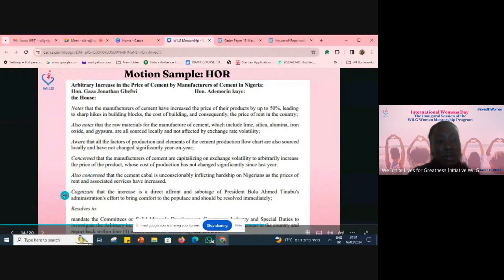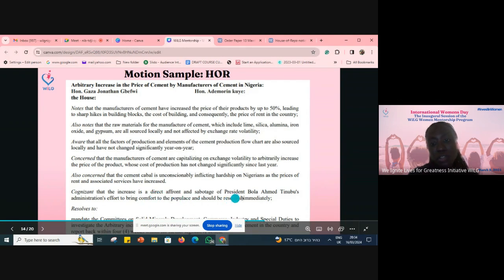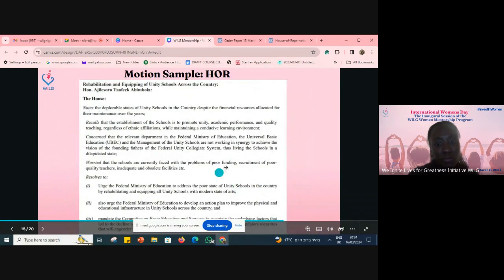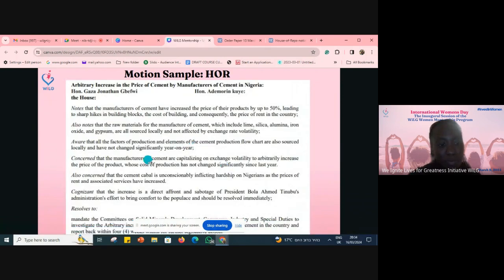So, cognizant that the increase is a direct affront and sabotage of President Bola Ahmed Tinubu's administration's efforts to bring comfort to the populace and should be resolved immediately. So they have stated that this issue should be resolved immediately.